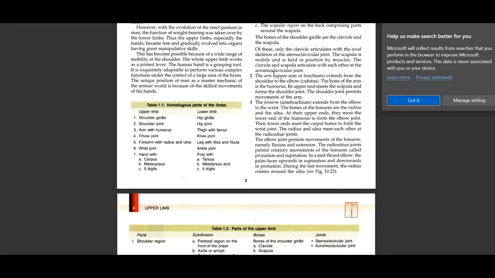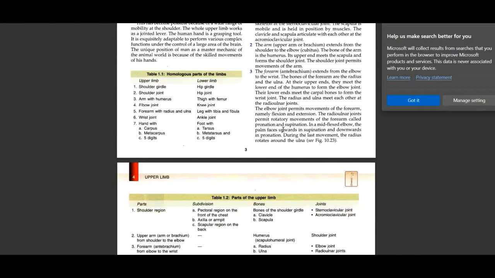Of this, only the clavicle articulates with the axial skeleton at the sternoclavicular joint. The scapula is mobile and is held in position by muscles. The clavicle and scapula articulate with each other at the acromioclavicular joint. The upper arm, brachium, extends from the shoulder to the elbow.